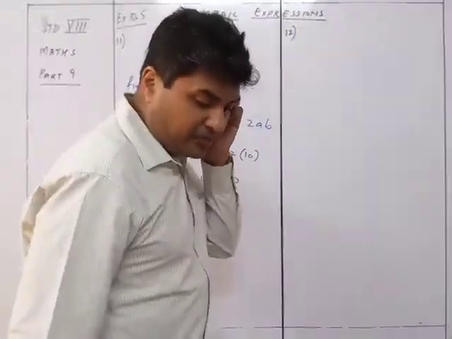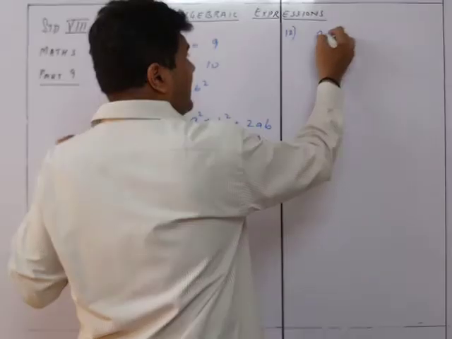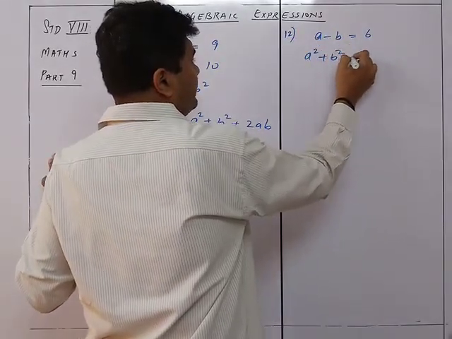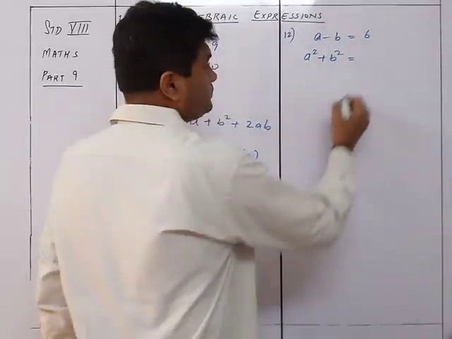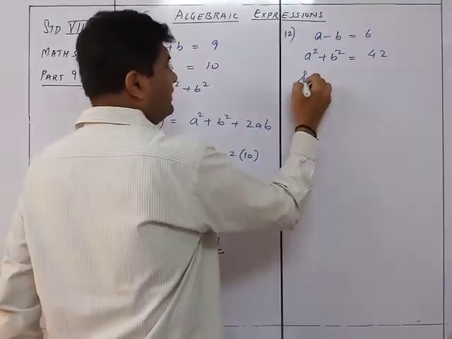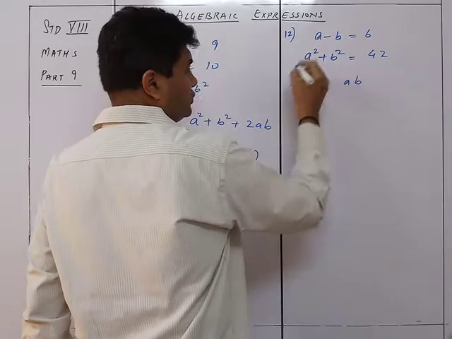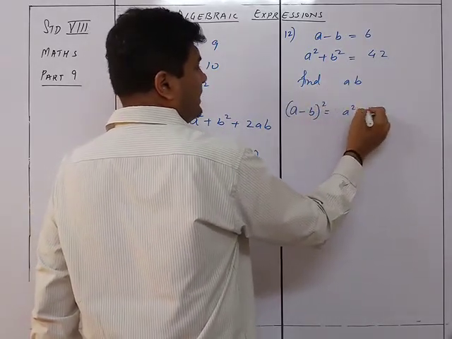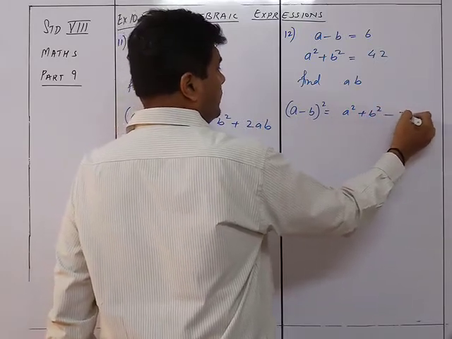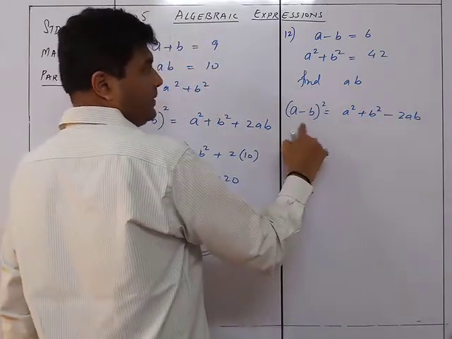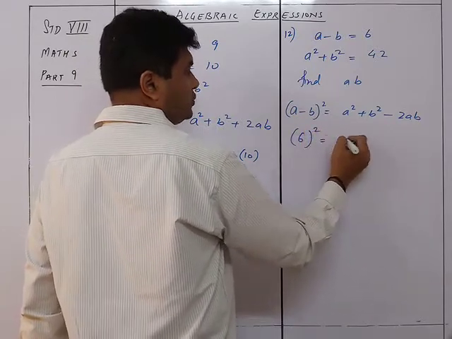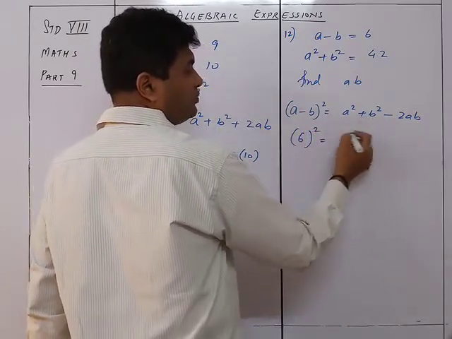You are given a minus b is equal to 6, and a square plus b square is equal to 42. Find ab. So same formula, a minus b the whole square is a square plus b square minus 2ab. A minus b is given as 6, so it's 6 the whole square is equal to 42 minus 2ab, because a square plus b square is given as 42.